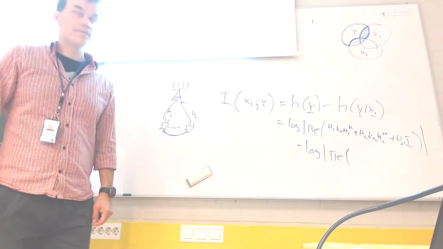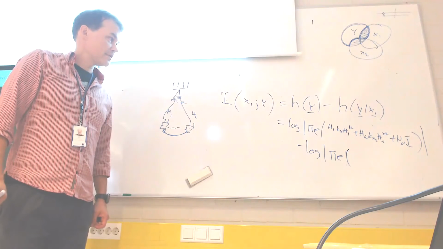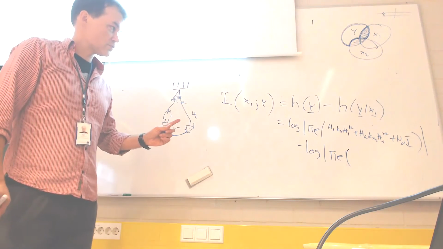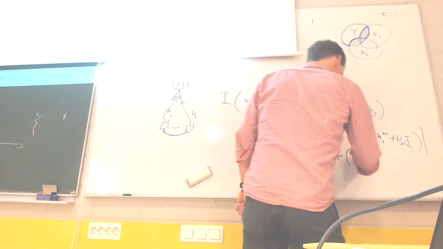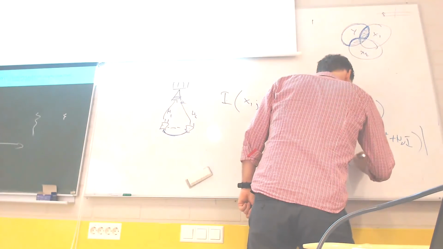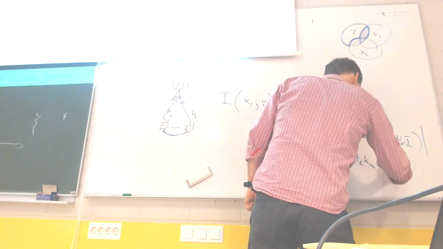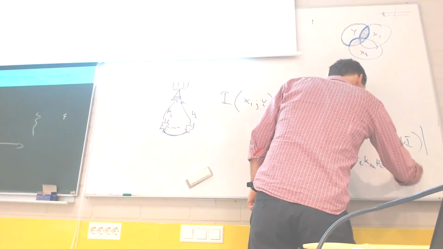What do we have here? H2 Kx2 H2 Hermitian plus N0 I.